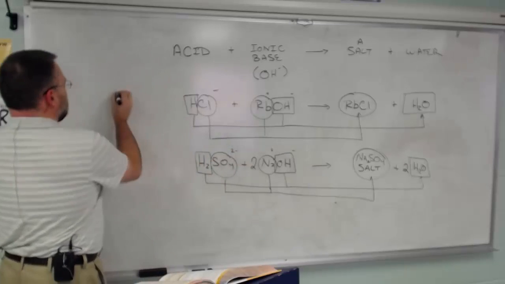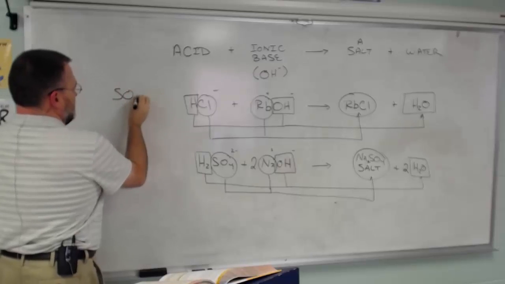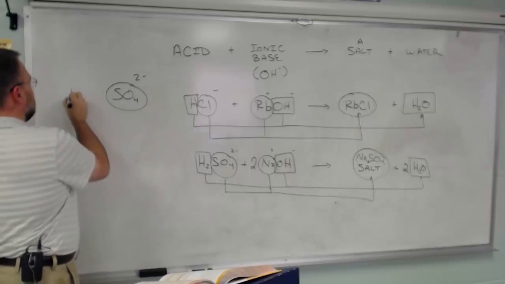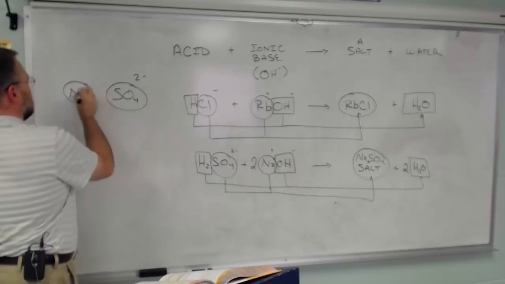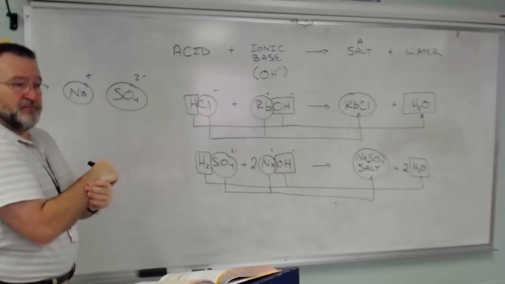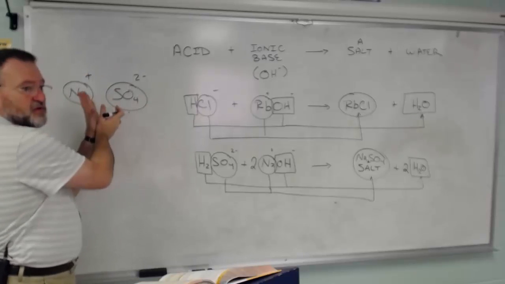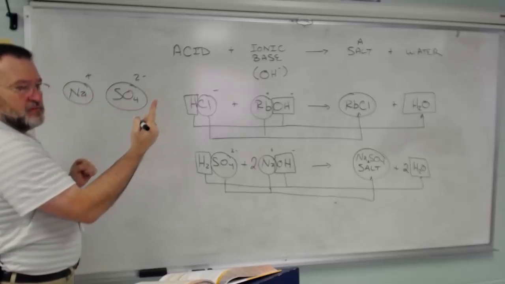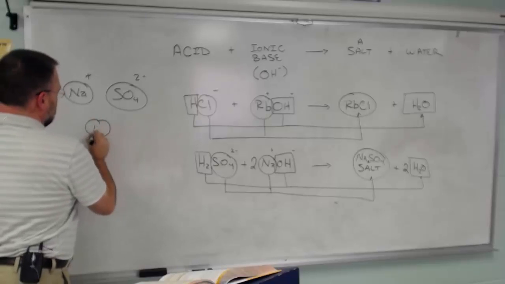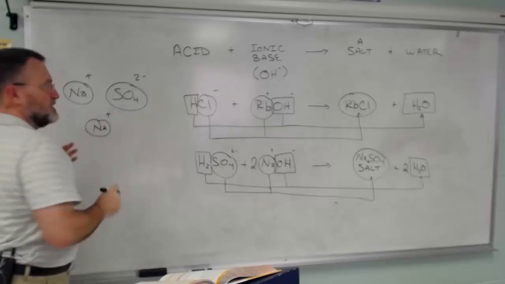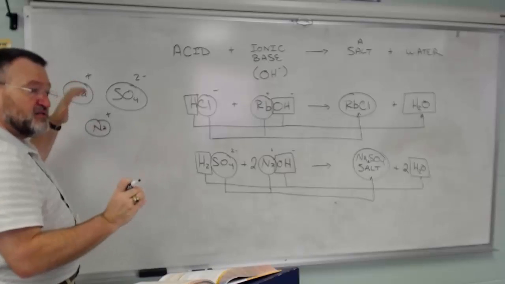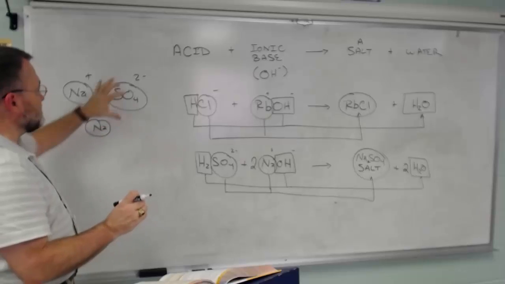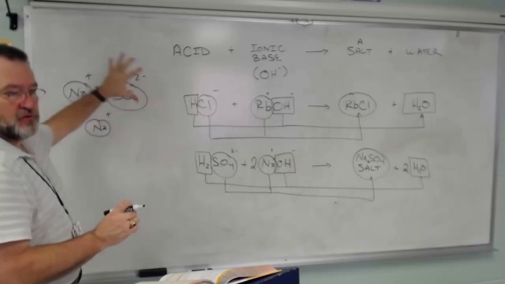Because if we look at SO4, let's pull this out to the side. SO4 has a charge of 2 negative. Our sodium has a charge of 1 positive. If I bring this sodium and this sulfate together, the overall charge is going to be 1 negative. If I, however, bring another sodium to join the party, now I have 2 positive, 1 positive plus 1 positive is 2 positive, and it bonds with a single 2 negative to form a neutral molecule.